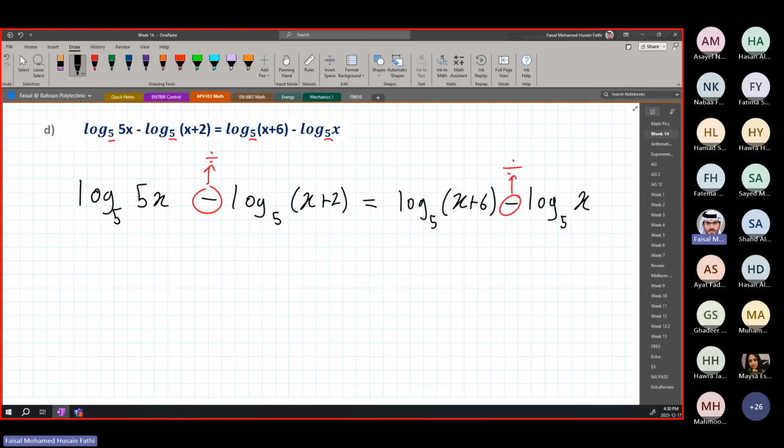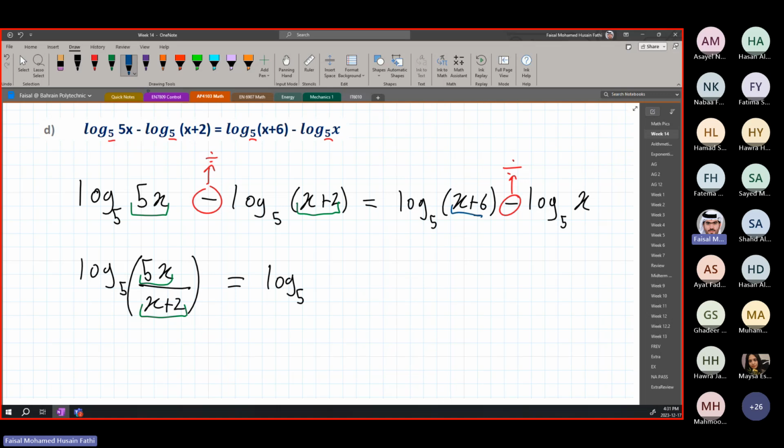So let's group them up because they all have x's inside. Log 5x divided by x plus 2, because we have minus in between. So equal to log, again just so you don't get confused, this is the 5x and this is the x plus 2. Then same thing here: this is the x plus 6, and this is the x that we will divide.